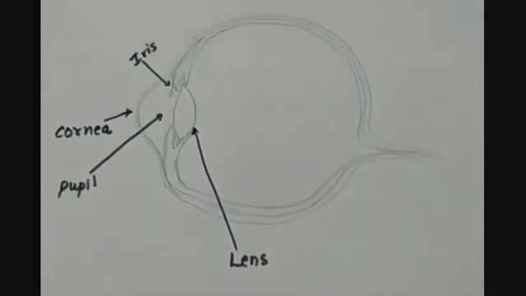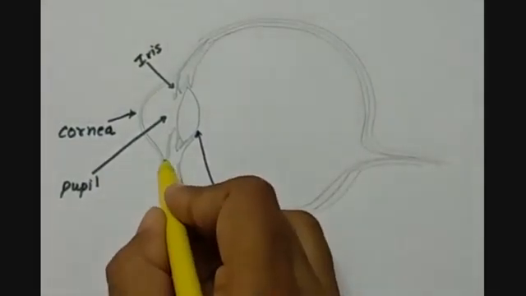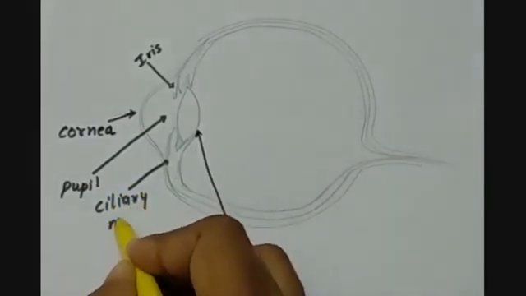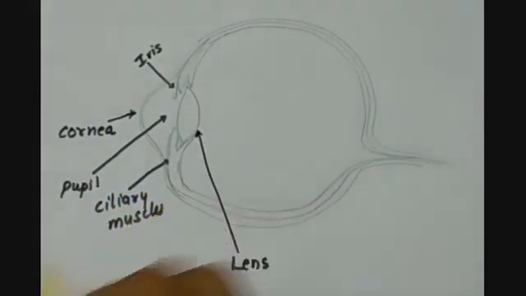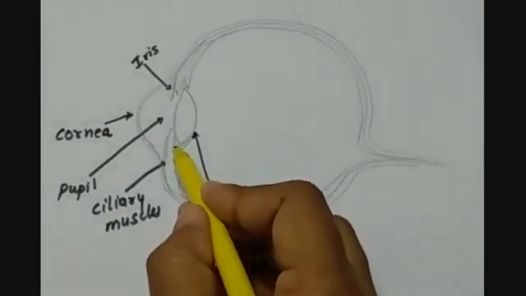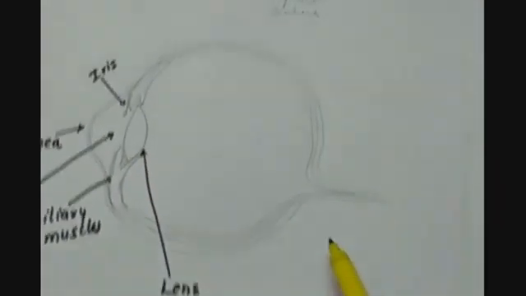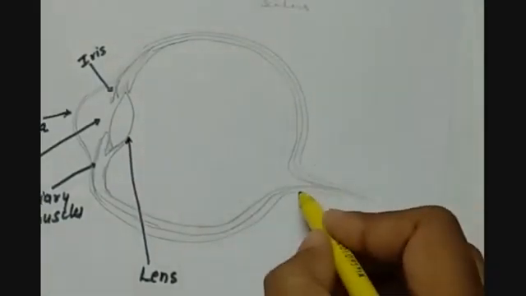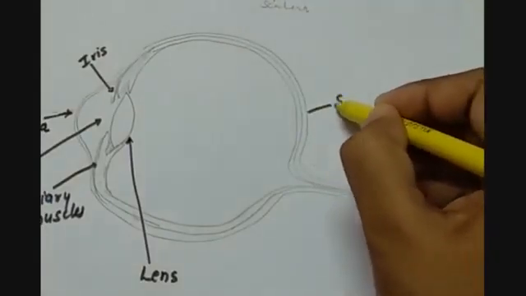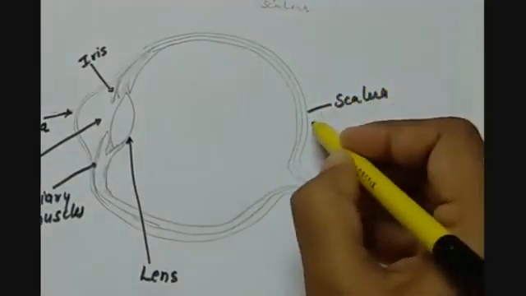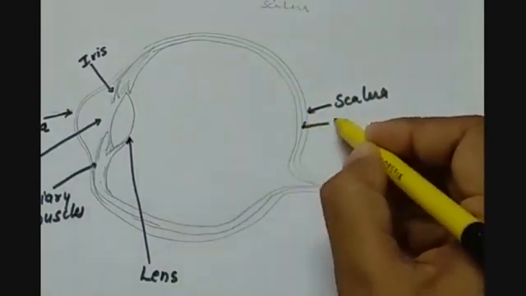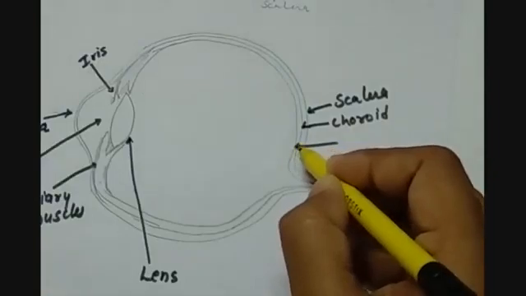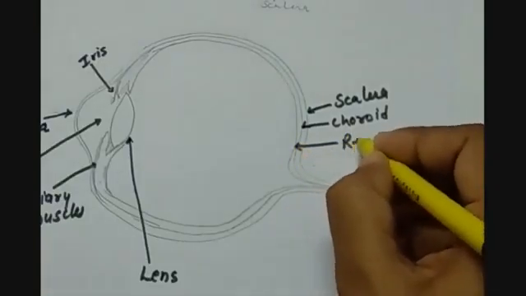And which type of lens is this? Convex lens. These are ciliary muscles. Then we have suspensory ligaments over here, and here on the back side of the eye we have the first layer called sclera, second layer called choroid, and third, the innermost layer is called the retina.